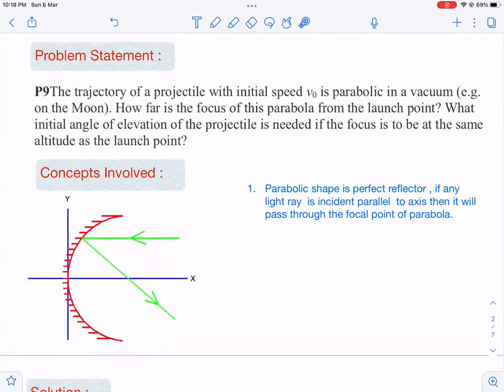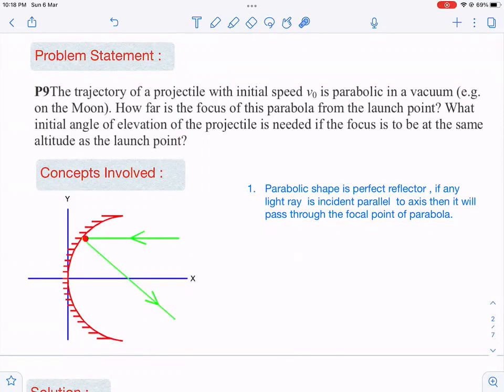One very simple concept is that the parabolic shape is the perfect reflector, right? If any light ray is incident parallel to the axis, then it will pass through the focal point of parabola. What does it mean? It means that suppose this is parabola, and then all of you know parabola because all of you are studying maths also.